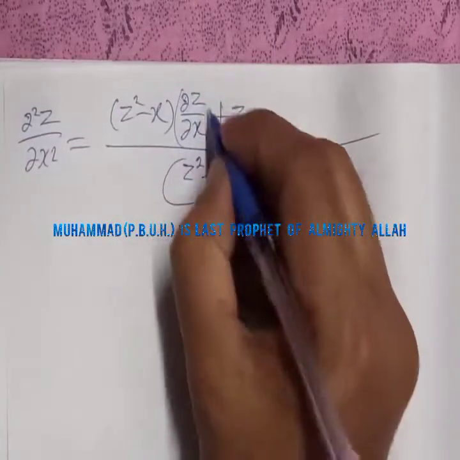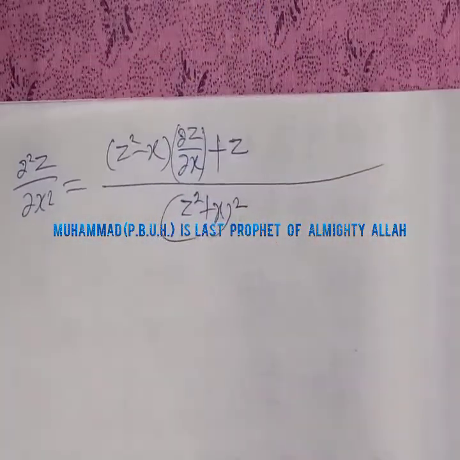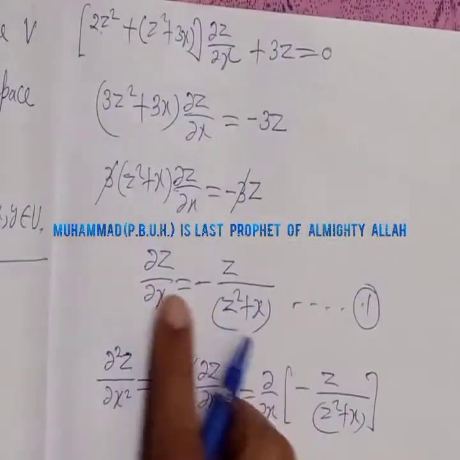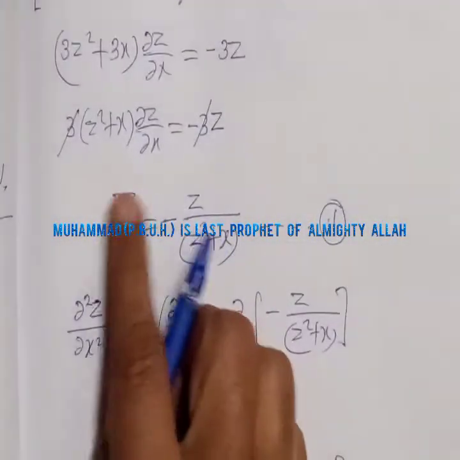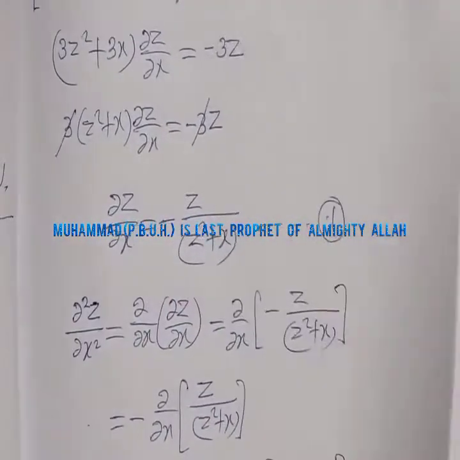Now we can put the value of del z over del x from equation number 1, which is del z over del x equal to minus z upon z square plus x.